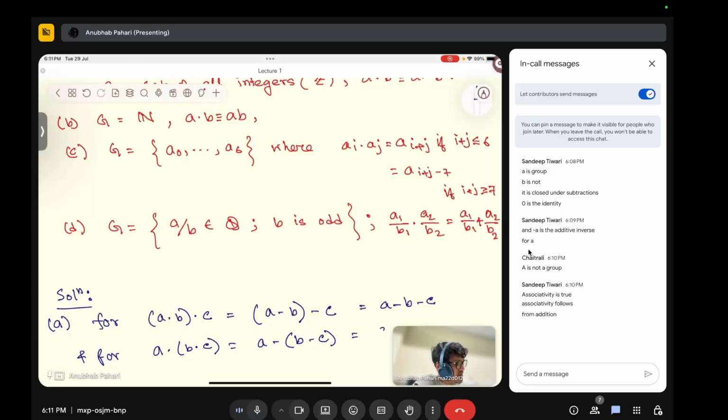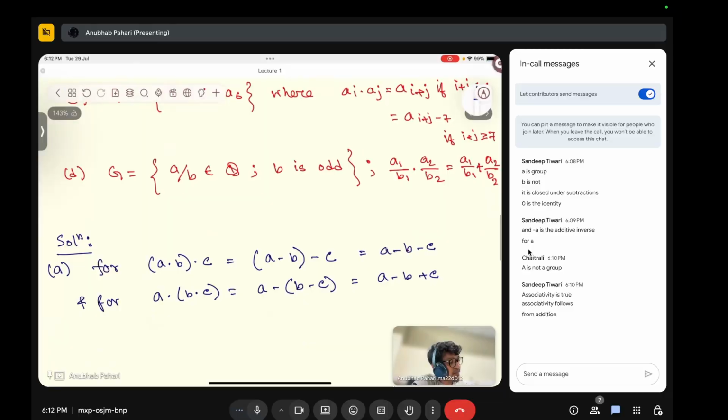So it should be a minus b plus c. So you see that when c is non-zero, then these are not equal, right?